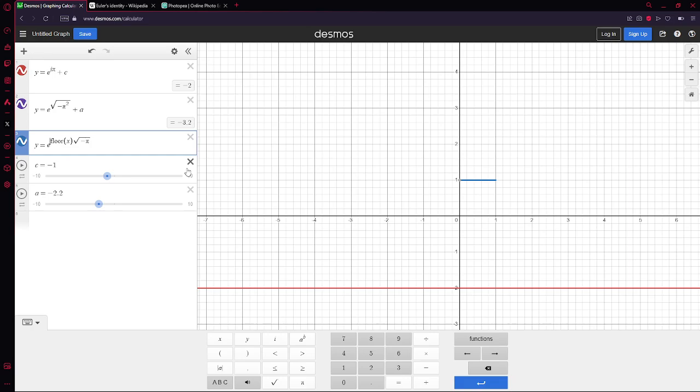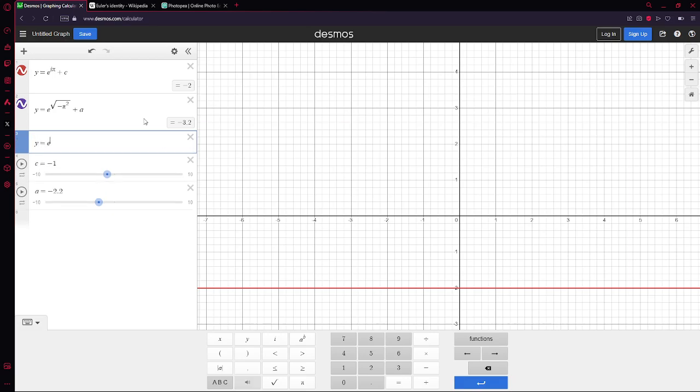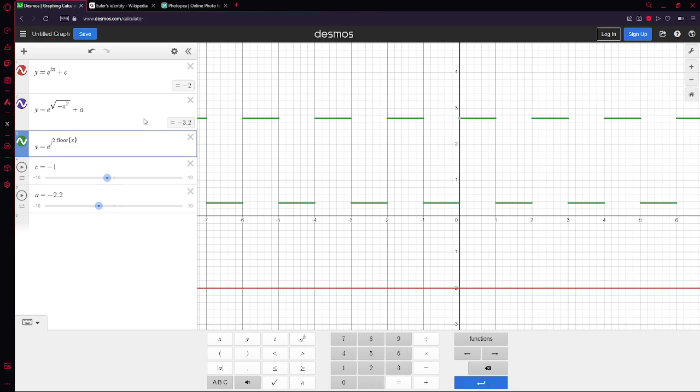I remember that e to the i to the power of 2 integer of x times pi, and put a square root here.